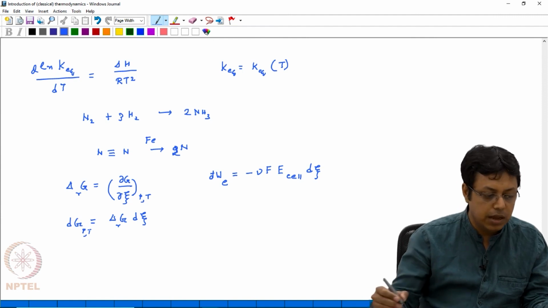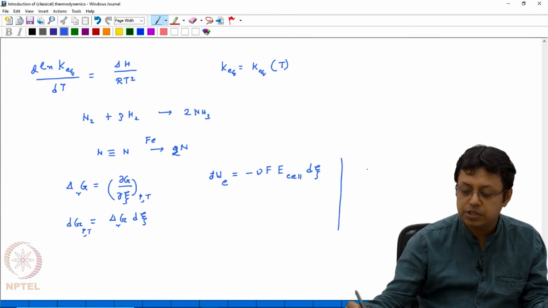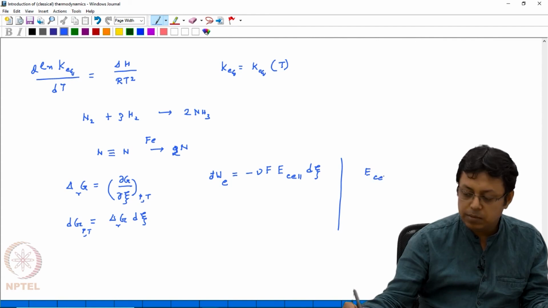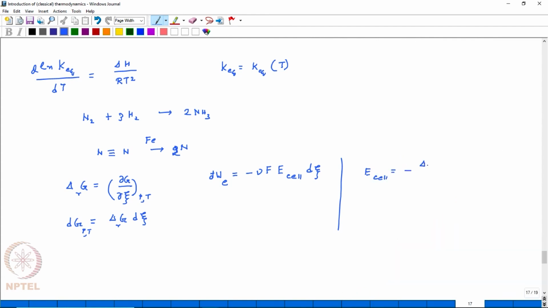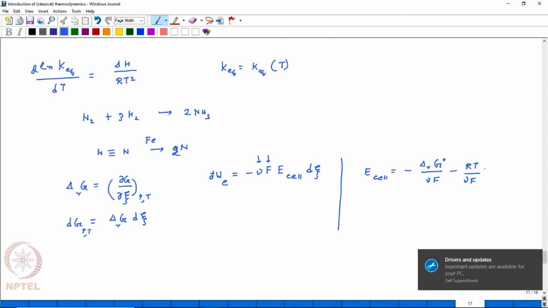compare these two equations, and then we can actually get an expression for the electromotive force of the cell. We get the difference in the reaction Gibbs free energy, at the standard state, for the reactant minus product, divided by nu F. So here F is the Faraday constant and nu is again the number of electrons involved in the redox reaction, and then we have one factor RT by nu F, and we are keeping the same notation nu.